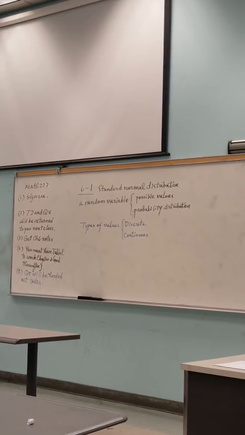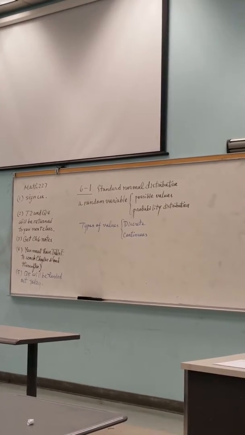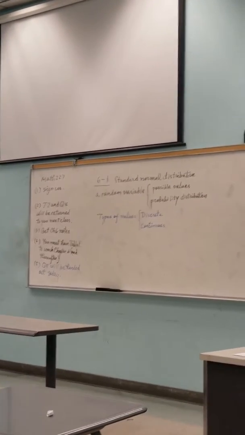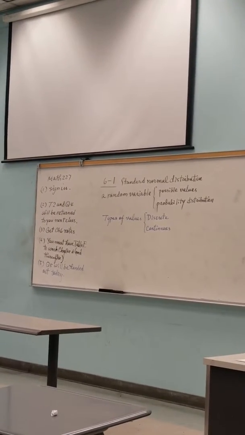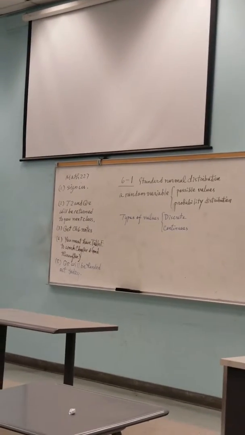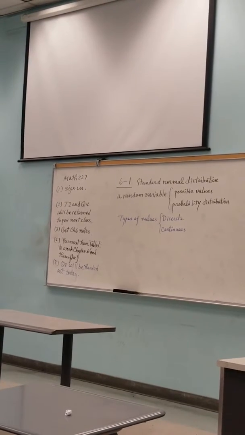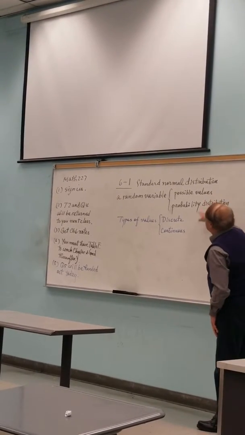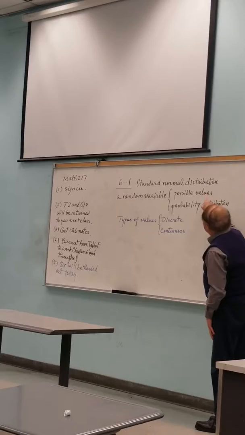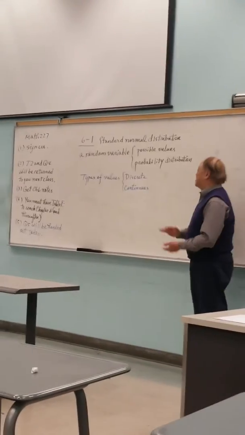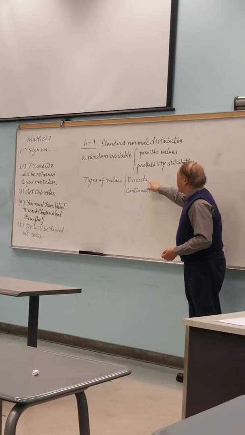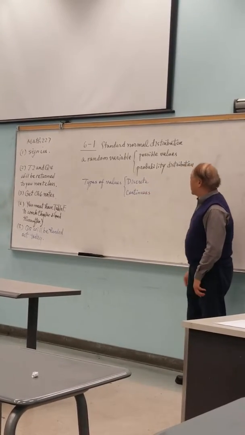But any number between 1 and 2, between 2 and 3 is not a possible value. You cannot get 1.2 successes. You cannot get 5.5 successes. Impossible. So those possible values have gaps. Between two possible values, some numbers are not possible values. Such random variables are called discrete.